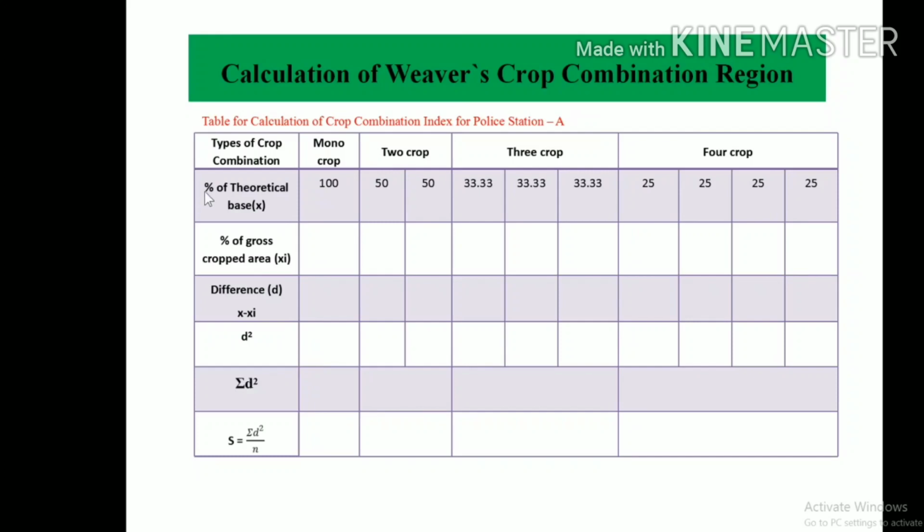For each type of crop combination, followed by the second higher, and then third, and then fourth. So this percentage has to be put on the basis of their ranking regarding the percentage of gross cropped area.